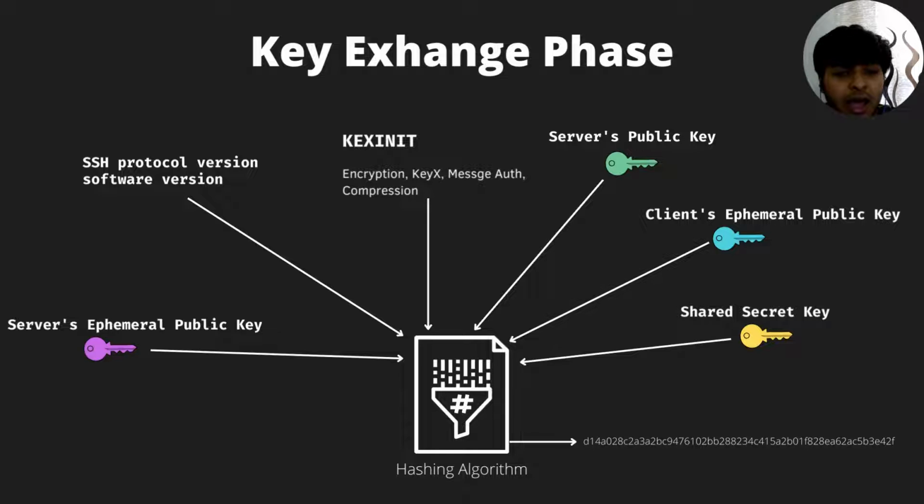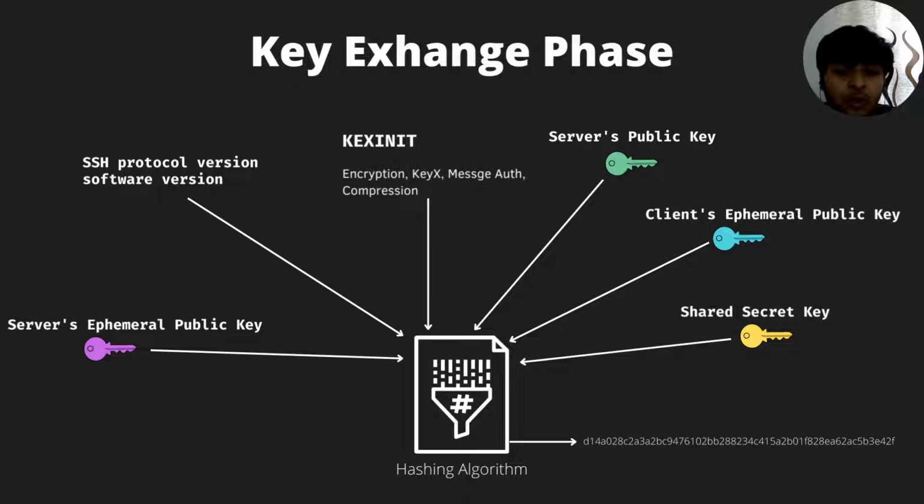Now to generate the hash, the server is going to use the hashing algorithm that both client and server agreed on. So in my case, they both agreed on a SHA-2 algorithm. So here are the inputs to this hash. We have the client's identification string. Remember, this is the one that the client earlier sent to the server when the client wanted to establish its SSH communication.